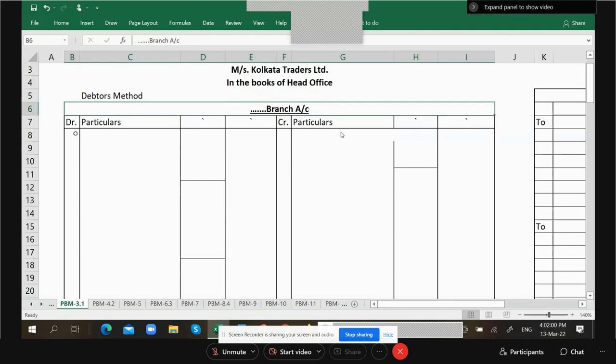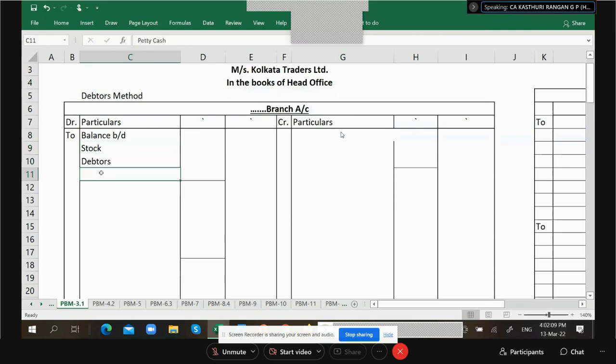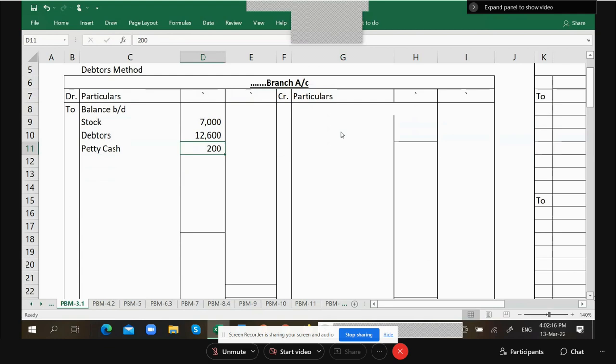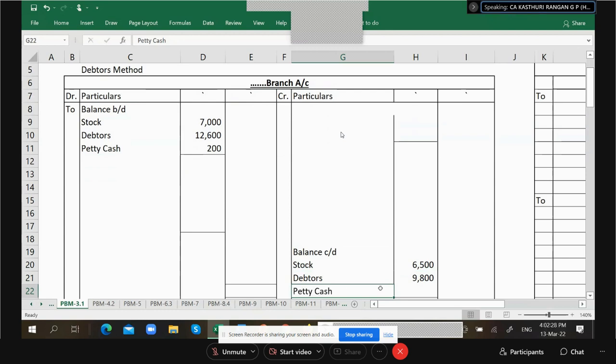Very simple. Put the opening balance on the debit side: stock, debtors, cash. All that is given in the question, is it not? And put the closing balance on the credit side: stock, debtors, cash.